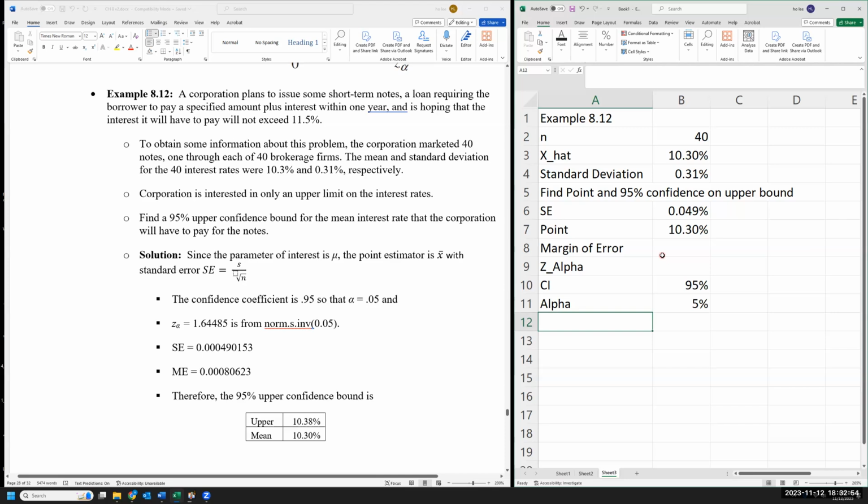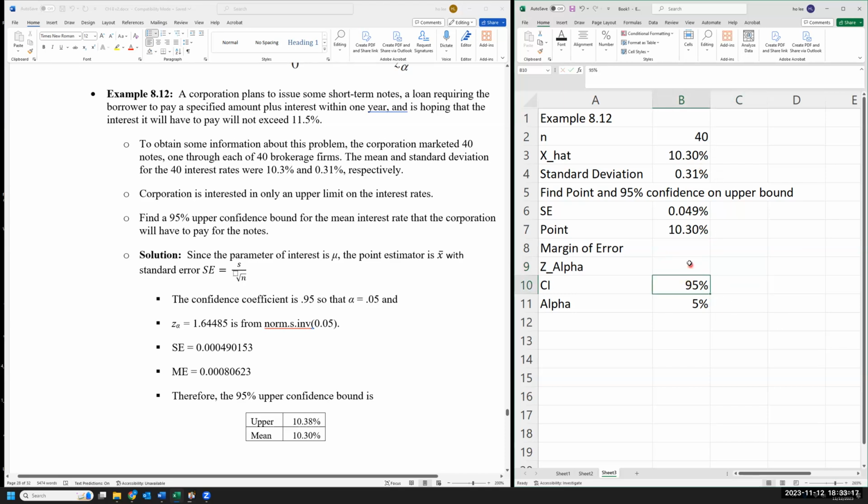Alpha is equal to 1 minus 95%. And so to calculate z of alpha, we want to calculate up to the 95%. We want to get a cutoff number that has 95% from left to right, and the right tail is 5%. So here it's easier.